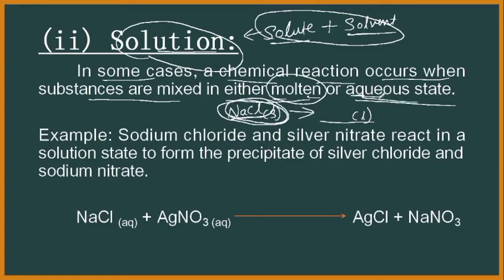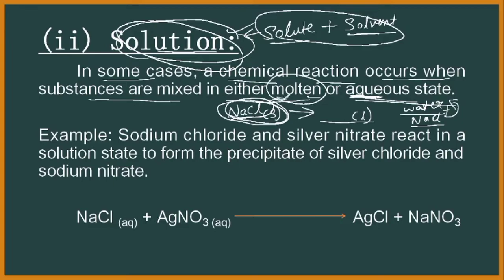Here the name itself indicates aqua. Aqua means water, so it is a solution prepared using water. For example, take the same sodium chloride and dissolve it in water. On dissolving, you get sodium chloride solution.